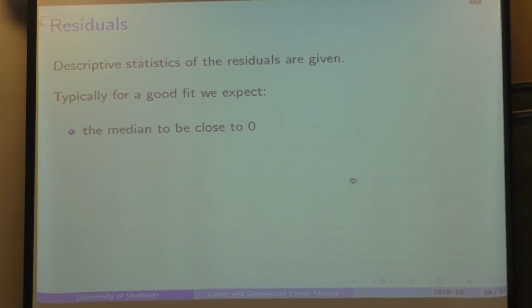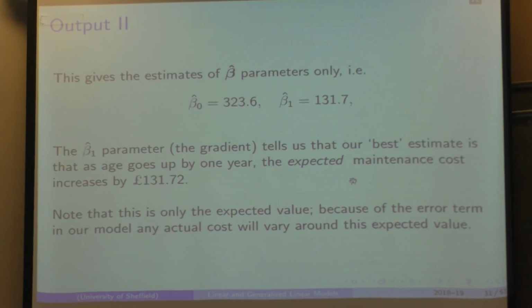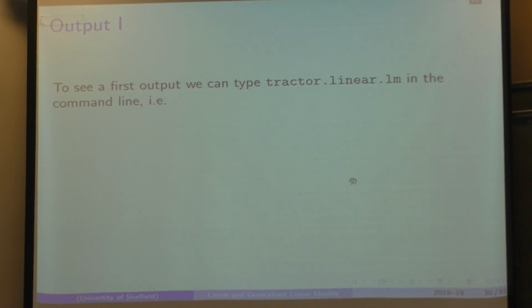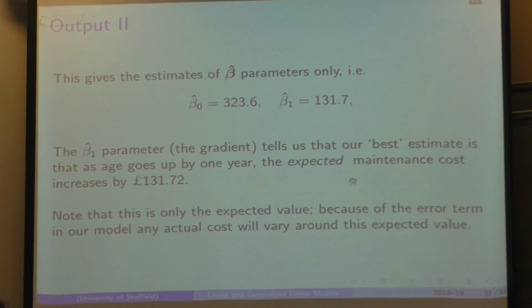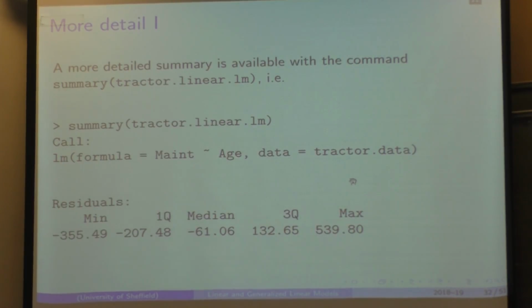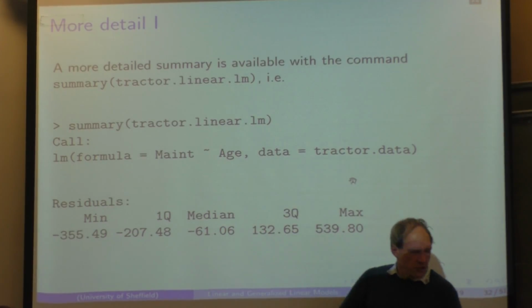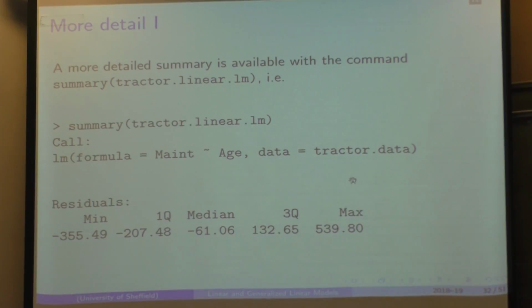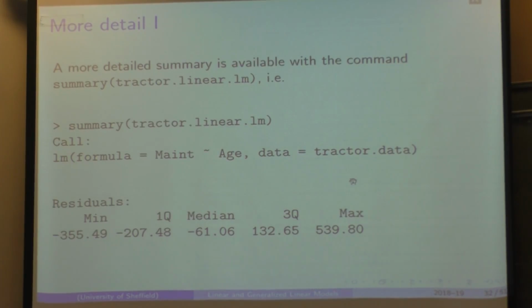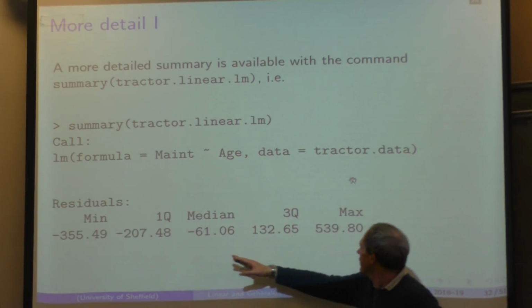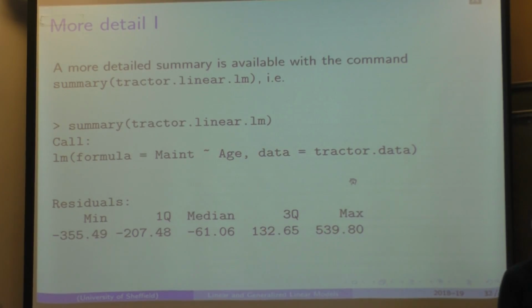So if I go back to the actual things we've got, here we are, the residuals. We can see here the median is a little bit less than 0, but on the overall scale of the things we're seeing in this data set, it's not too bad. I mean, it's going from about minus 350 to a bit over 500. Zero's fairly middling in that.